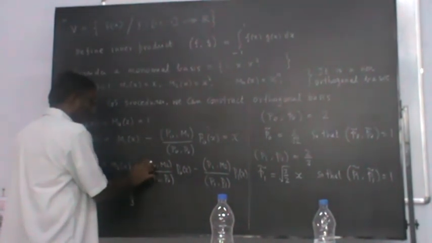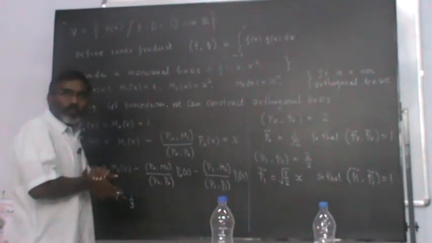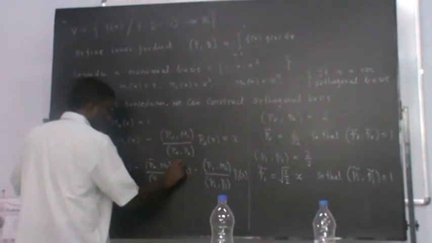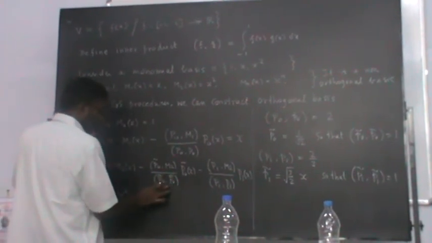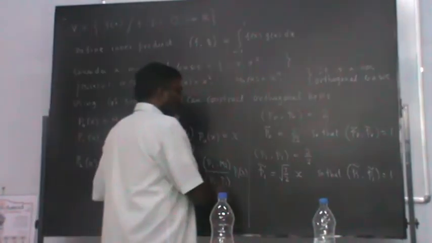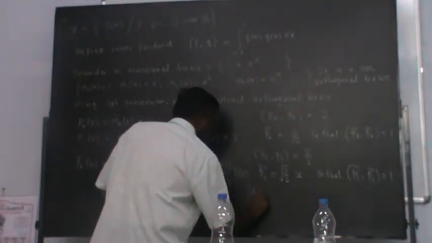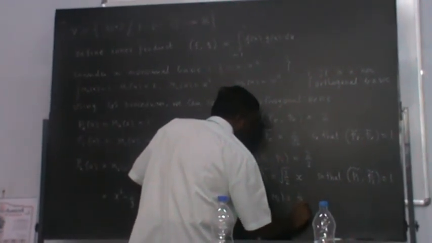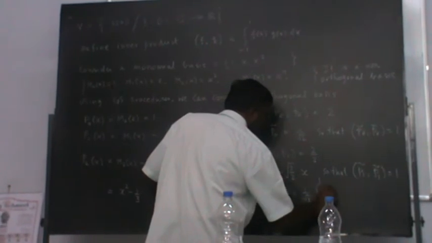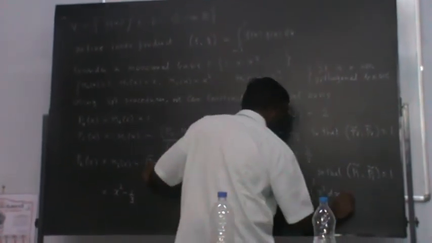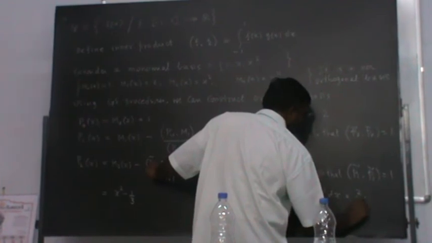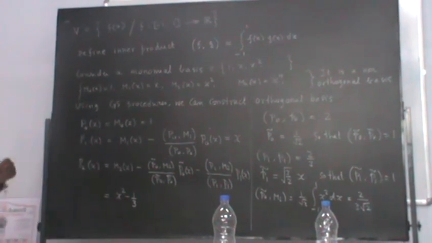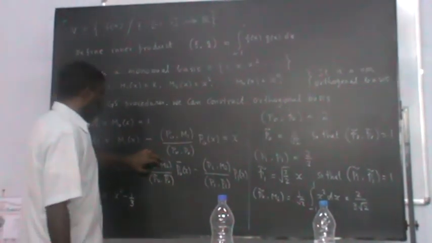If I use P0 tilde instead of P0, what happens? This is 1. So imagine I am using P0 tilde here. P0 tilde M2 is equal to 1 by root 2 into the integral from minus 1 to plus 1 of x square dx, which is 2 by 3 root 2.